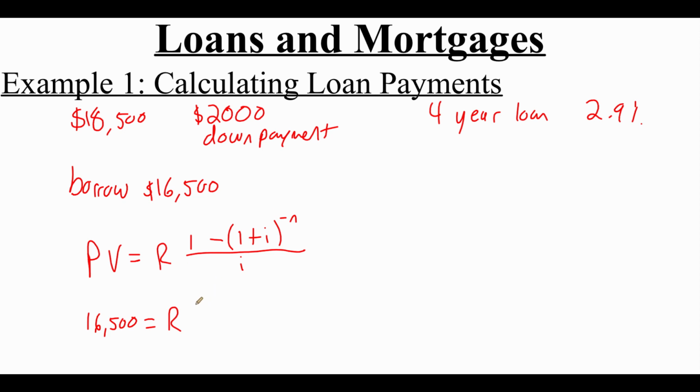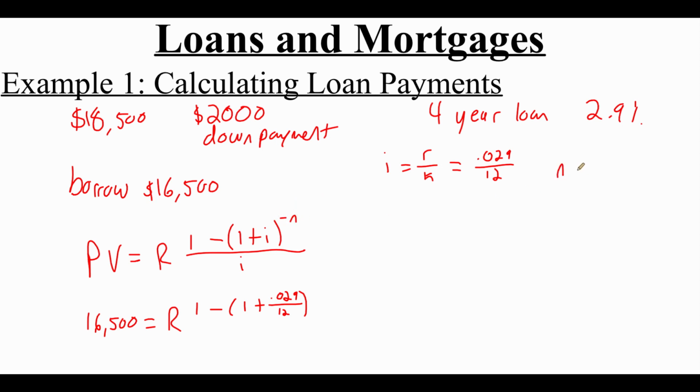But in this fraction here, we've got 1 minus 1 plus the I value. And the I value is the interest rate divided by the number of compoundings, or the number of payments that you're making. We said that we're going to be making monthly payments, so we're going to be taking the 0.029 divided by a K value of 12. And then I'm going to have to take that and raise that to the negative N power.